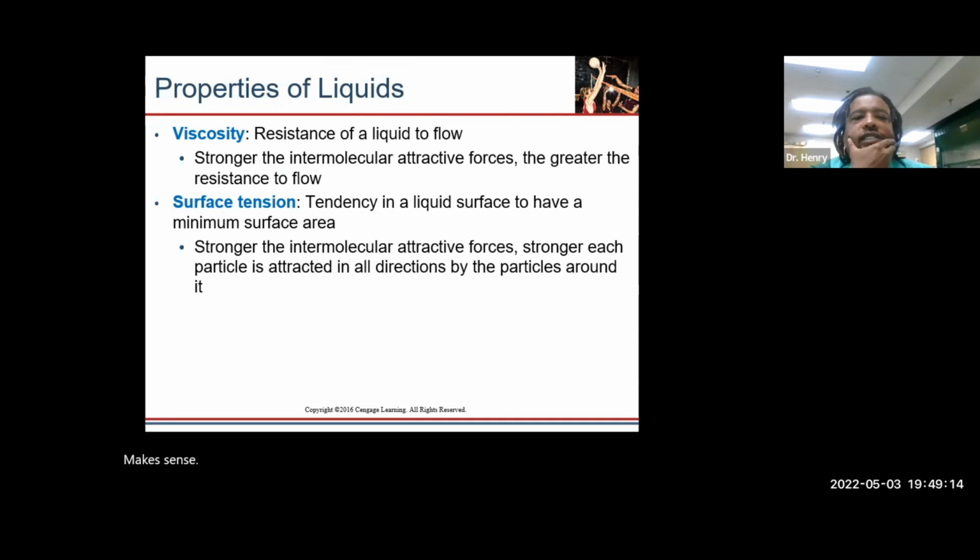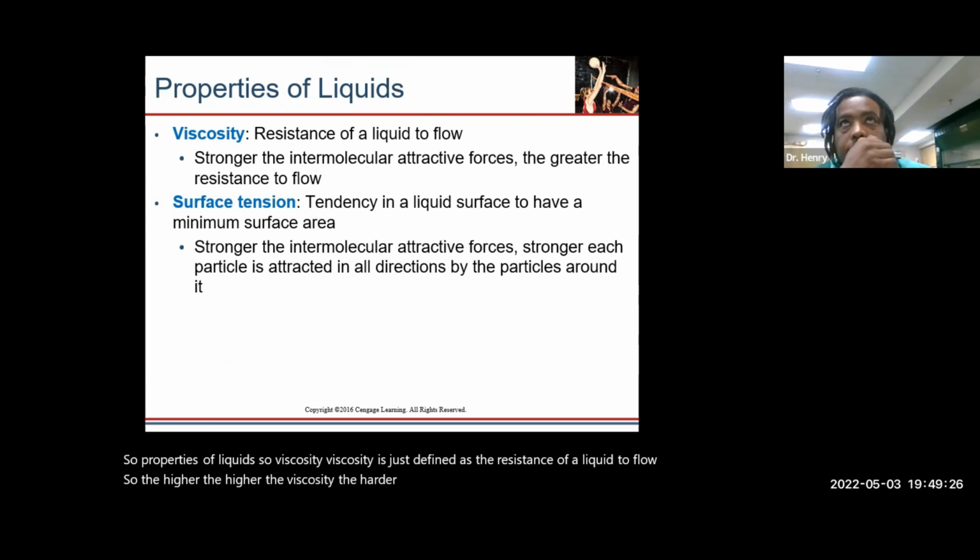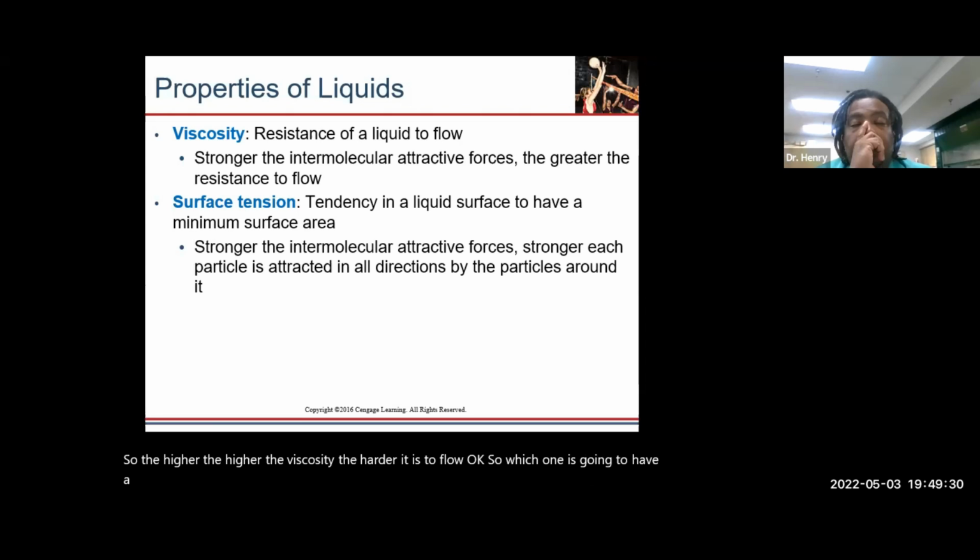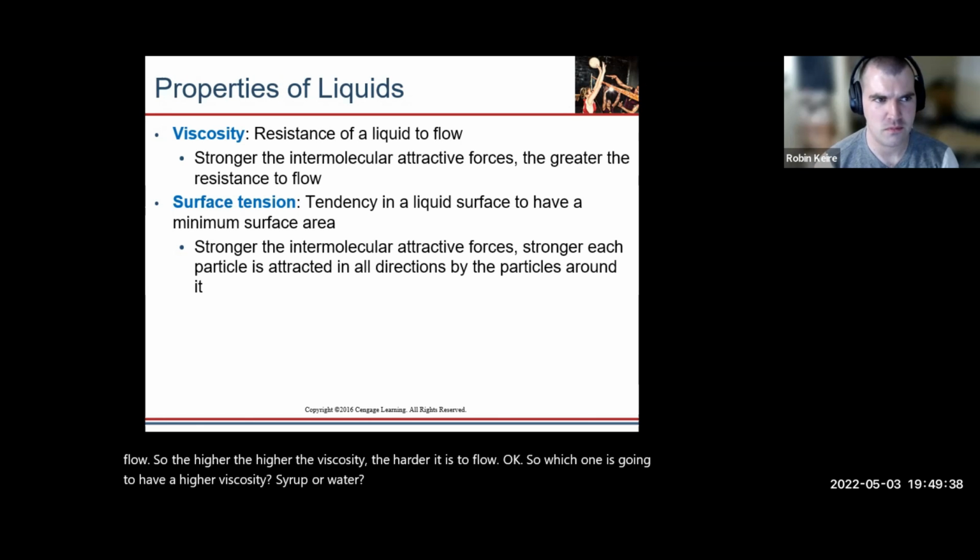Okay, so properties of liquids. Viscosity is defined as the resistance of a liquid to flow. So the higher the viscosity, the harder it is to flow. Which one is going to have a higher viscosity, syrup or water? Syrup, that is correct.